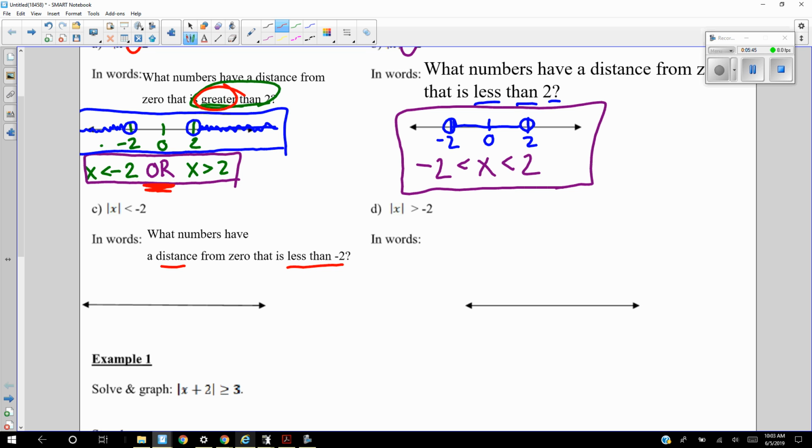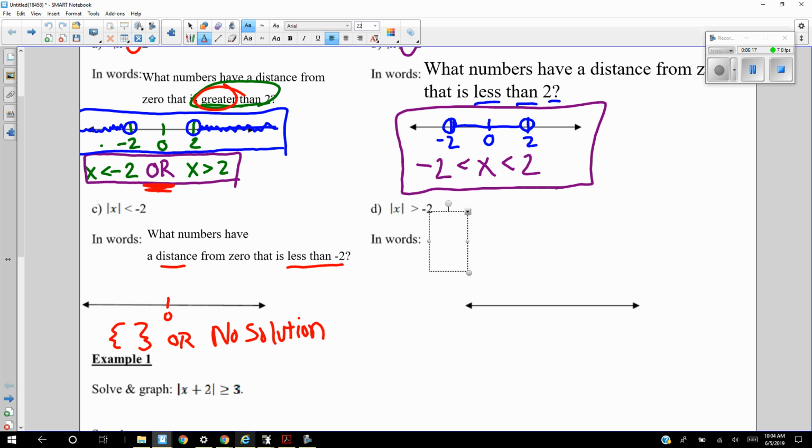It cannot be less than 0. So the answer to this one is no solution or empty set. And sometimes they'll ask for a graph. It'll just be a blank graph with nothing shaded on it.